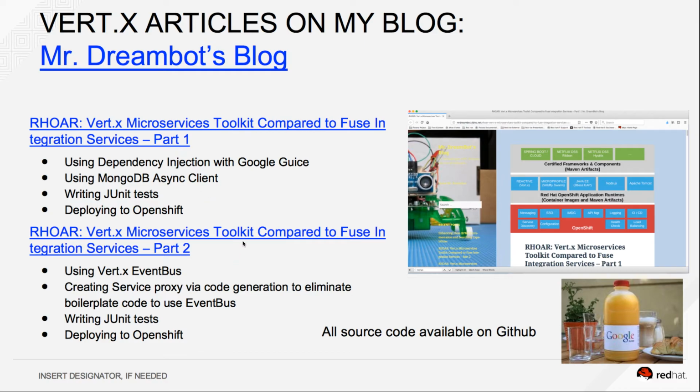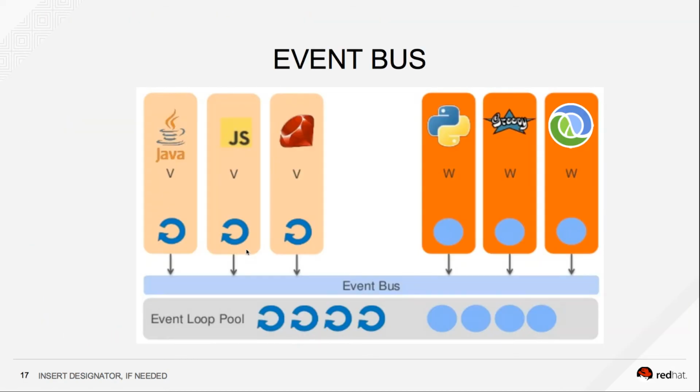In the second article, I convert the application from part one to use multiple verticles, and the verticles communicate using the event bus. I'll come back to this later. If you look at the event bus for Vert.X, all these things are verticles.